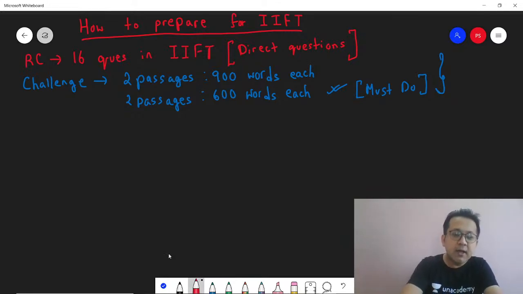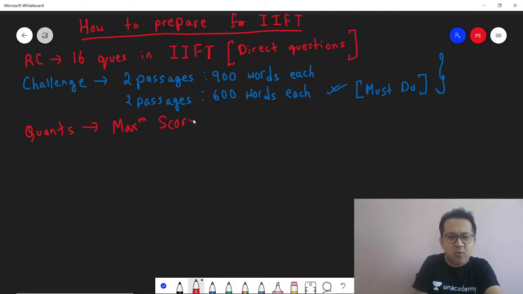Next, I would say maximum score can be obtained in quants. Why? Reason is very simple. IIFT quants is the easiest section almost every year. The questions asked in quants are very, very easy.